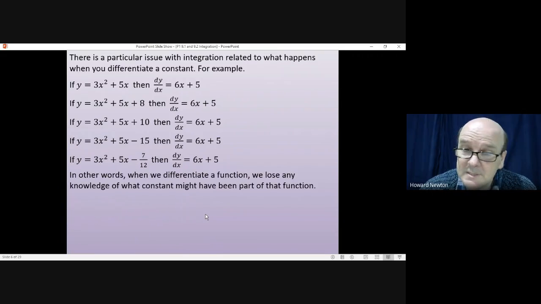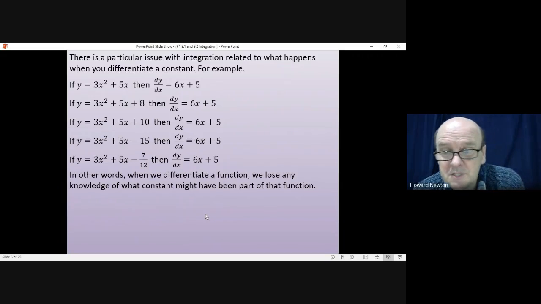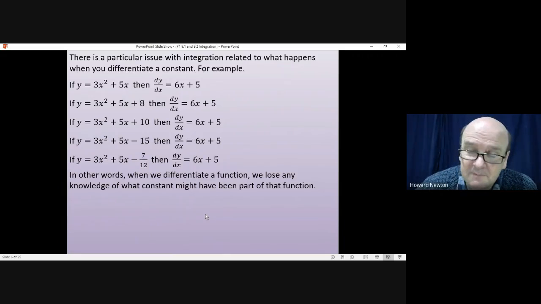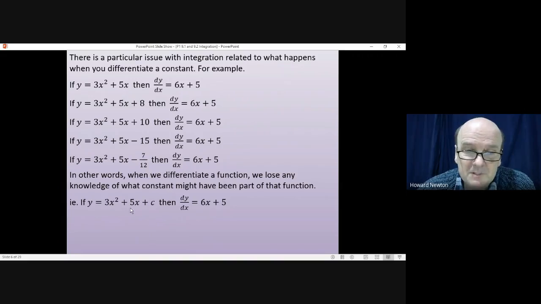In other words, when we differentiate a function, we lose any knowledge of what constant might have been part of that function. Or in other words, if y equals 3x squared plus 5x plus c, any constant, when I differentiate it, I'll just get 6x plus 5.